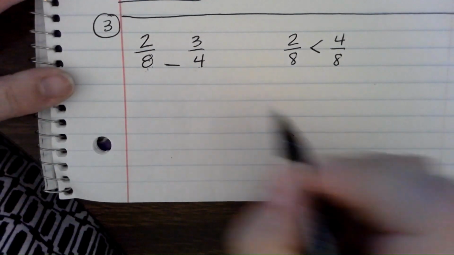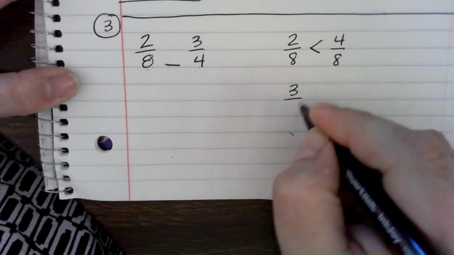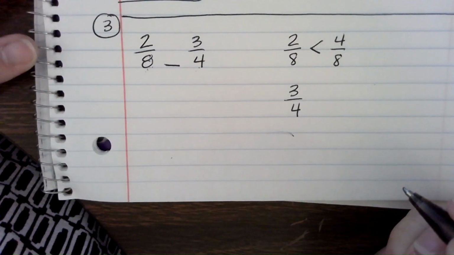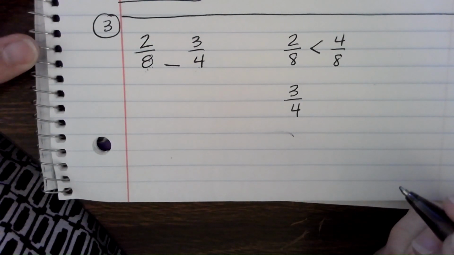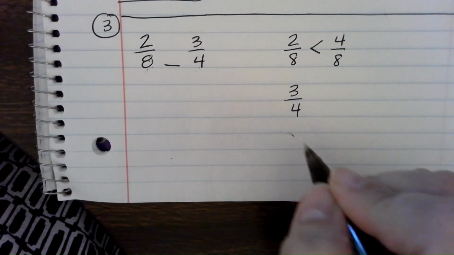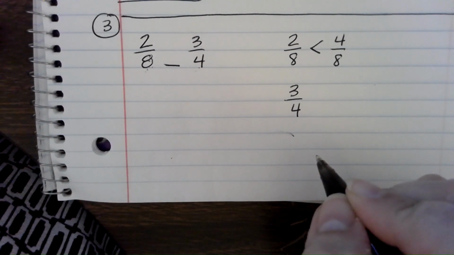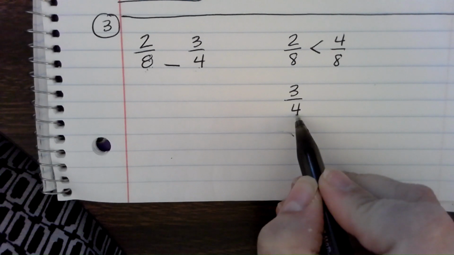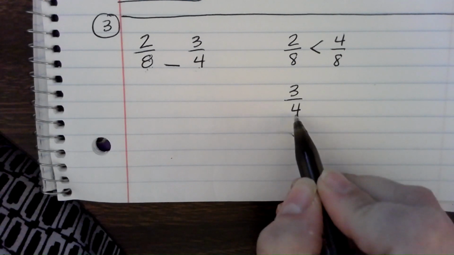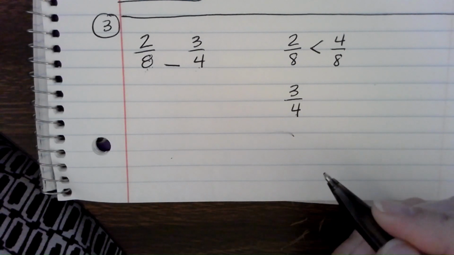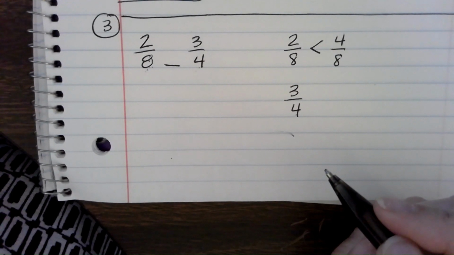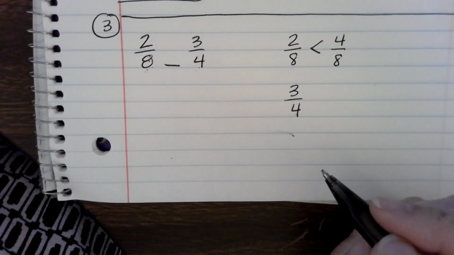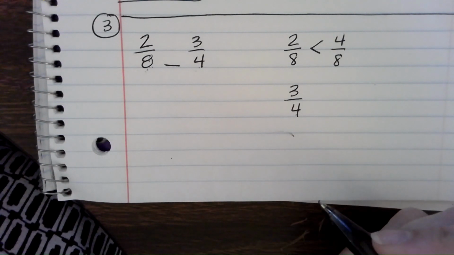So what I'll do next is look at the 3/4. Now, the 4 again here tells me how many makes a whole. So what would half of that be, McKinley? Of a fraction with the 4 in the denominator.